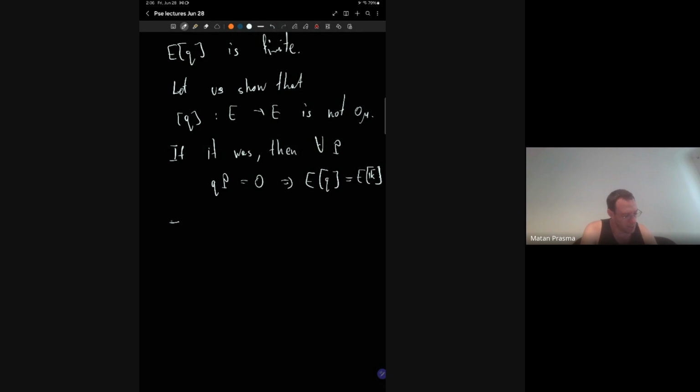And now you have two cases. If Q is not prime, then I have some integer k that divides Q. Then clearly E[K] is a subgroup of E[Q], and E[K], by the inductive assumption, is finite.